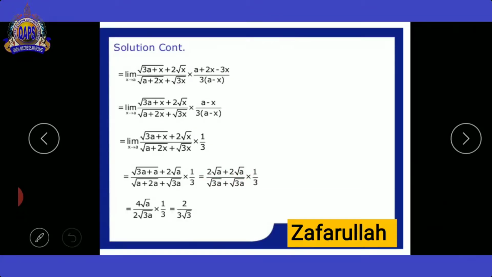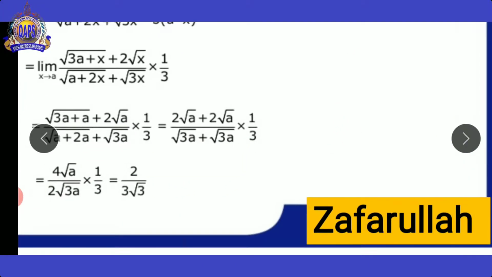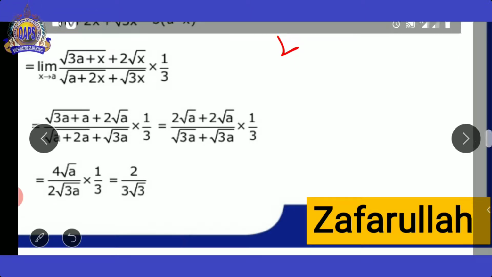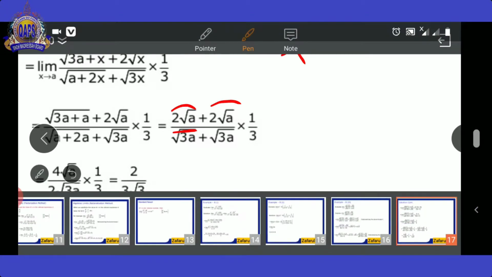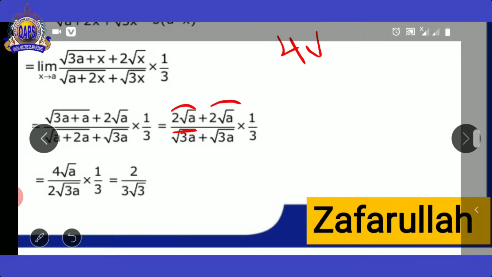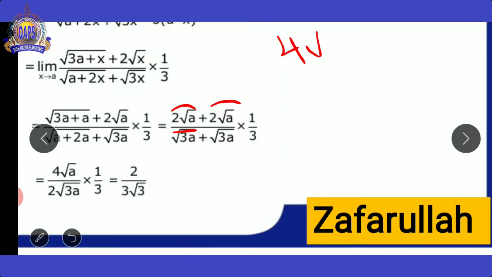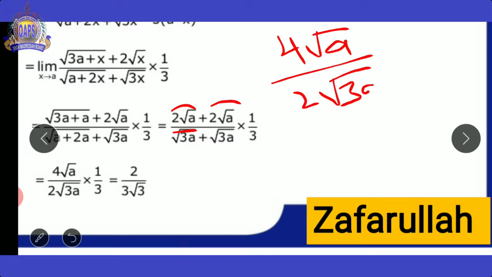I have told you that when we see here 2a plus 2a, this whole and this whole creates 4 radical a, this 4 radical a, over this 3a and this 3a become 2 times 3a.